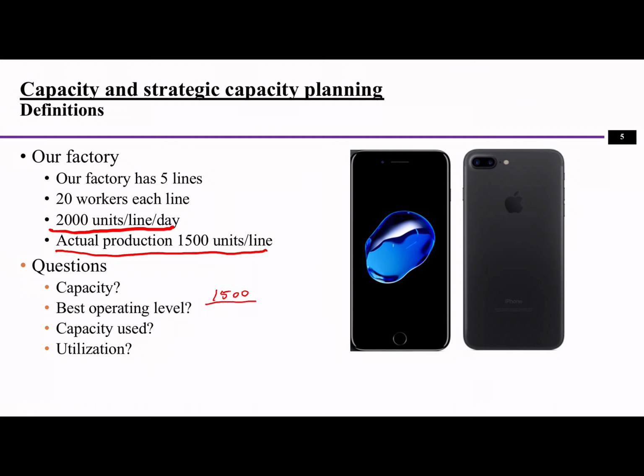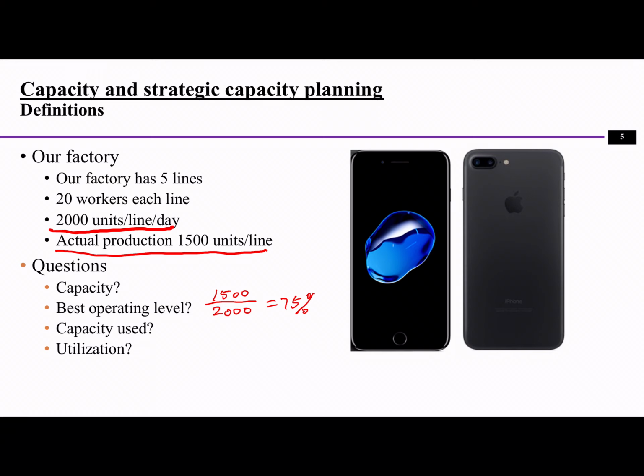So from here, we can calculate the best operation level. The best operation level will be 1,500 divided by 2,000, so this should be 75% of the best operation level.